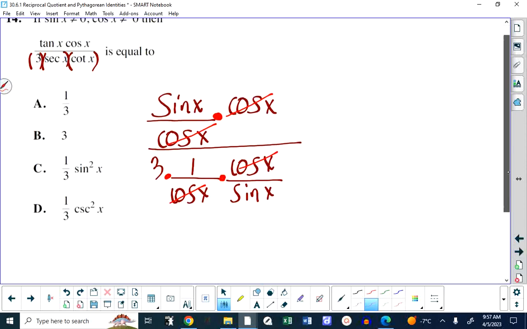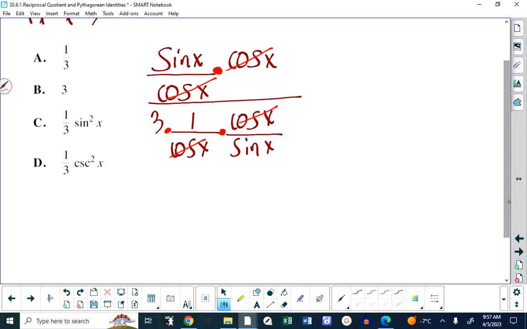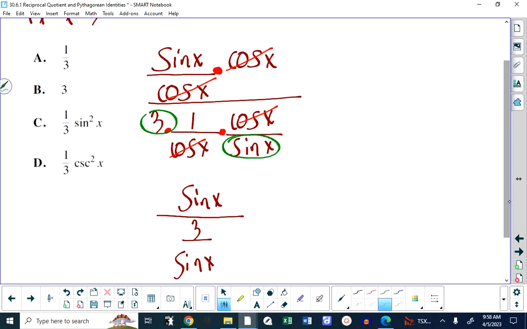So now let's just rewrite this a little bit. We have sine of x over 3 over cos of x. The things that survive on the bottom are the 3 over the sine of x.